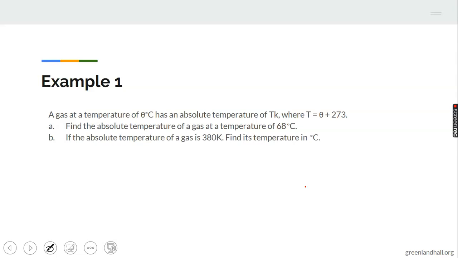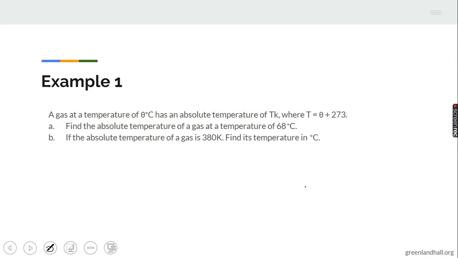A gas at a temperature of theta degrees Celsius has an absolute temperature of Tk, where T equals theta plus 273. The first question: find the absolute temperature of a gas at a temperature of 68 degrees.